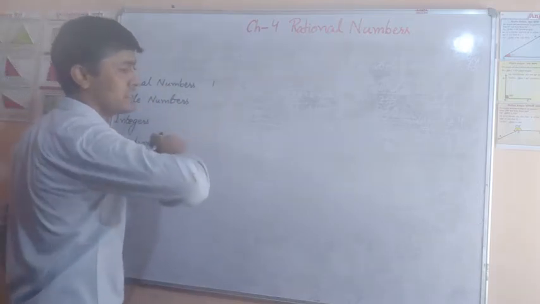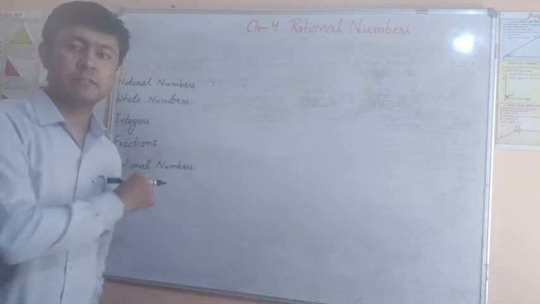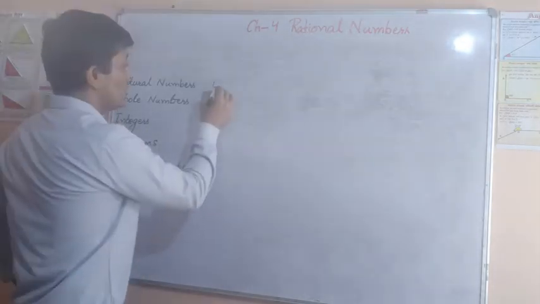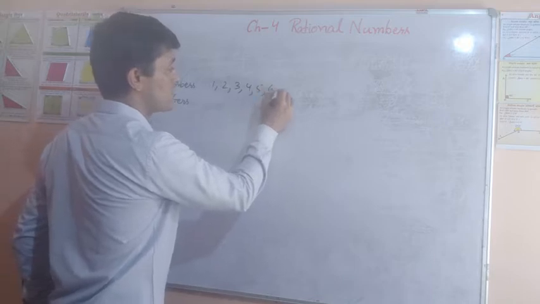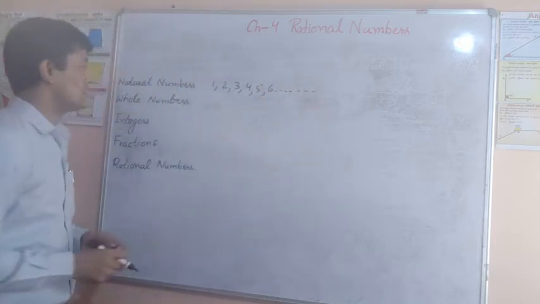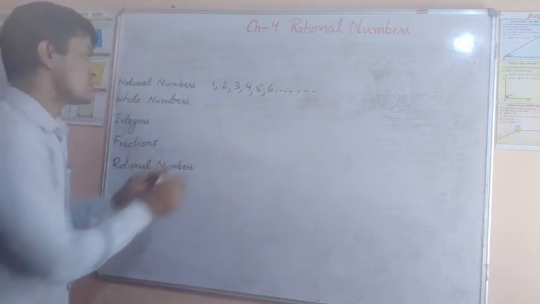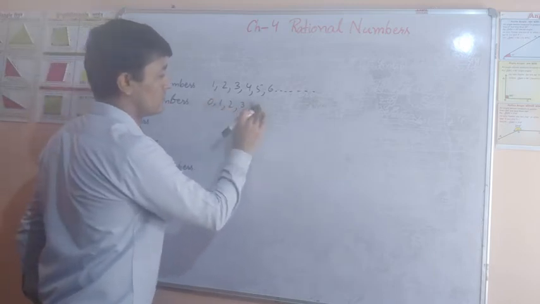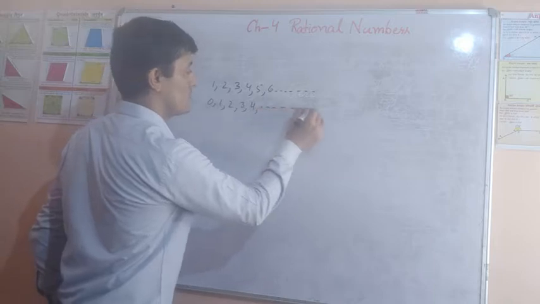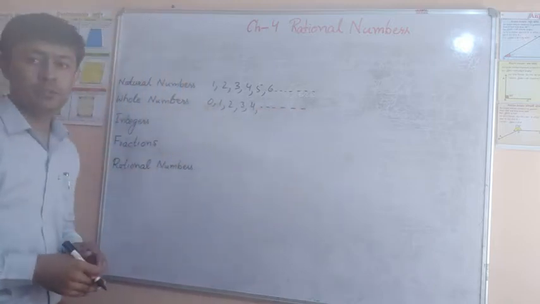You have already studied this in class 5 as well as class 6. 1, 2, 3, 4, 5, 6 and so on. These are all the natural numbers. If you include 0 here, then what will they become? They will become the whole numbers.